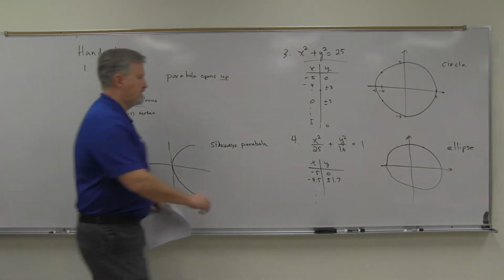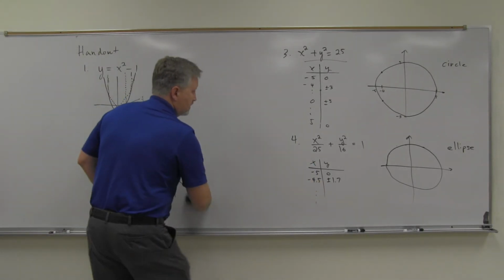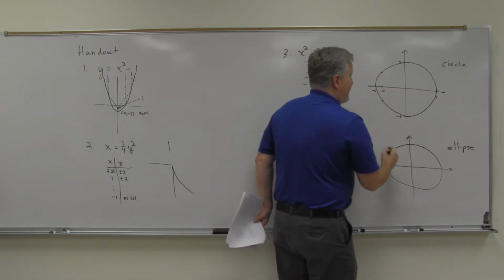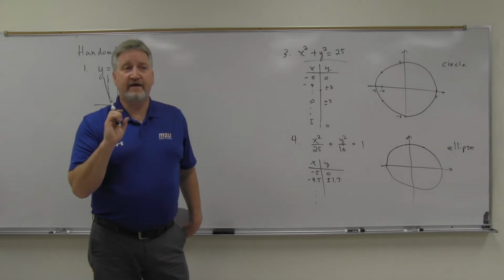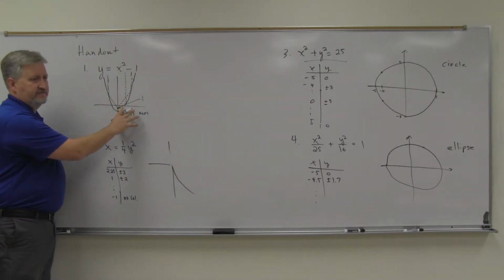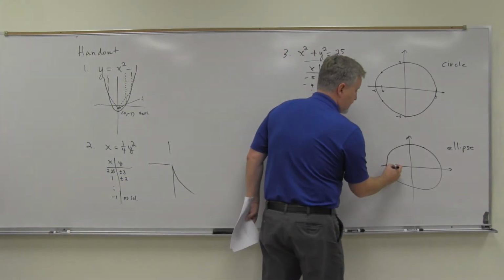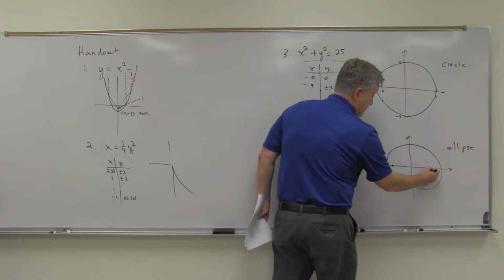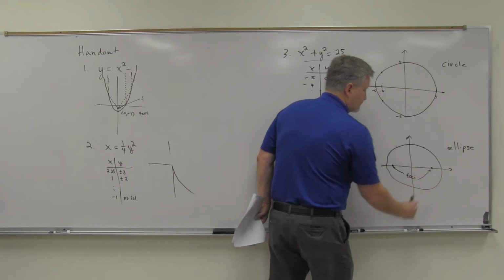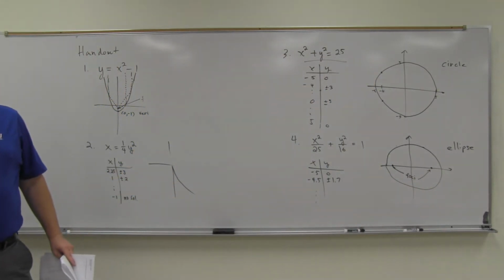All right, and then the last 2, like I said, the complicated ones. Before I leave the ellipse, let me just mention, on this one I talked about the focus on the parabola. On an ellipse, there are 2 focus points, foci, and they're located on that longer axis.